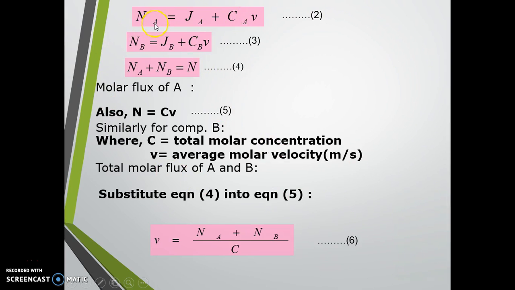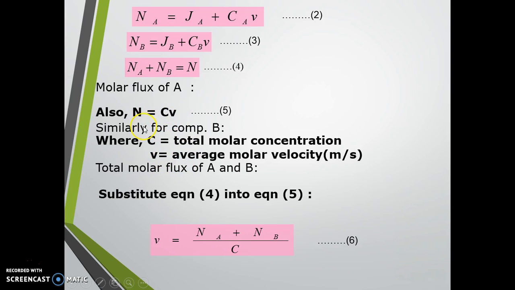This is for component A, and it is the same for component B, where NB equals JB plus CB V. And we know that in every mixture, for steady state, the total flux NA plus NB is equal to N. And we know that N total is C V.